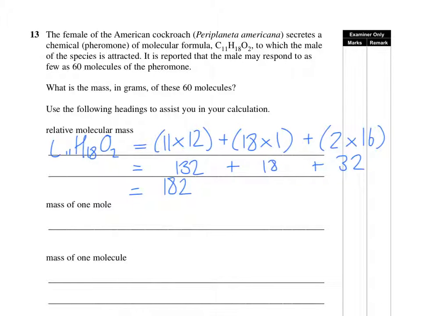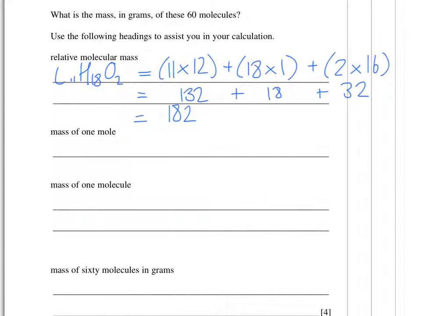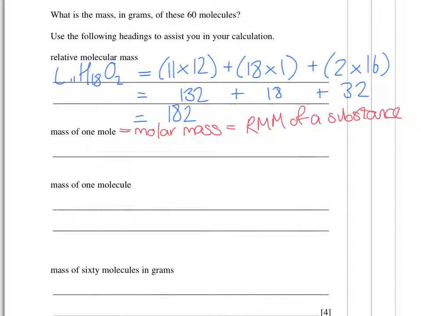So what is the mass of 1 mole? Again, that's very straightforward. The relative molecular mass gives us the mass of 1 mole in grams. So the mass of 1 mole, another way we can put that is the molar mass. And the molar mass, by definition, is the RMM of a substance in grams.